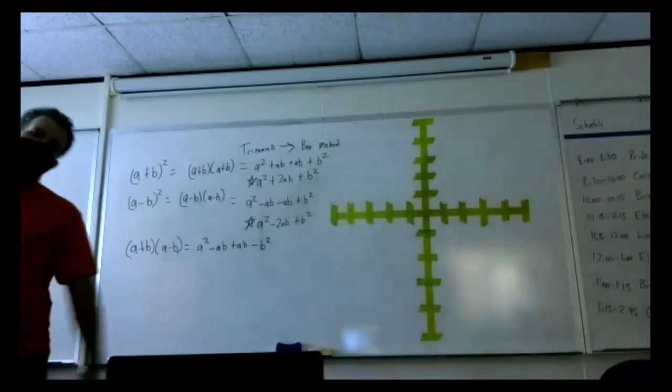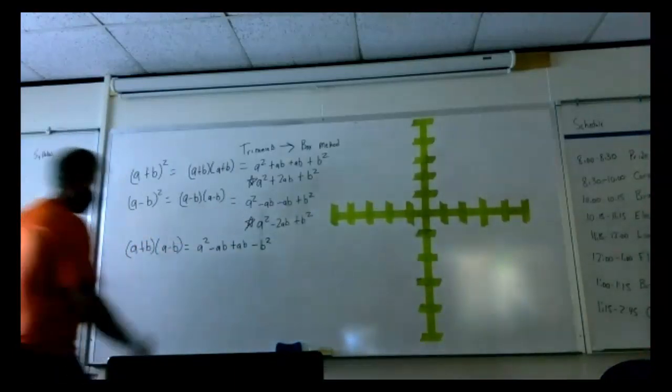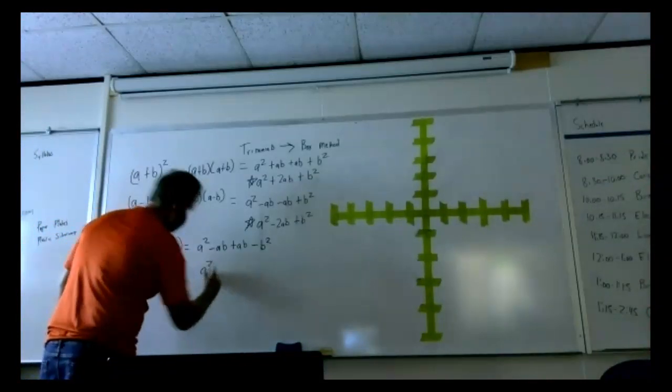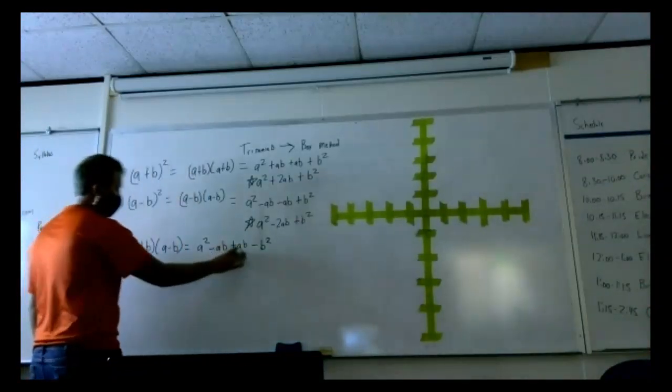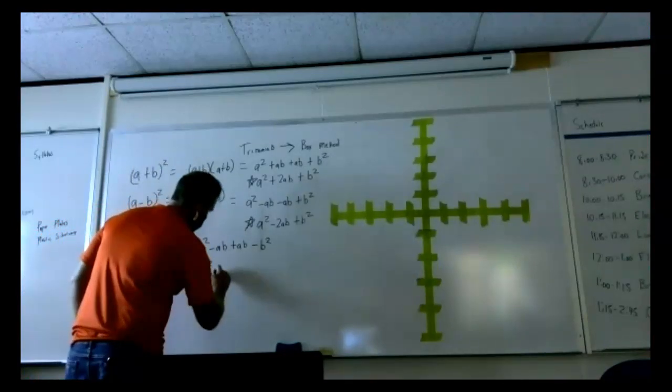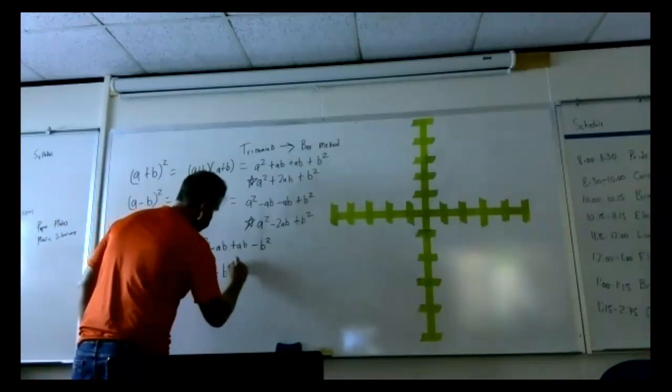If we combine our like terms, the negative AB and the positive AB cancel out. We're going to end up with A squared minus B squared.